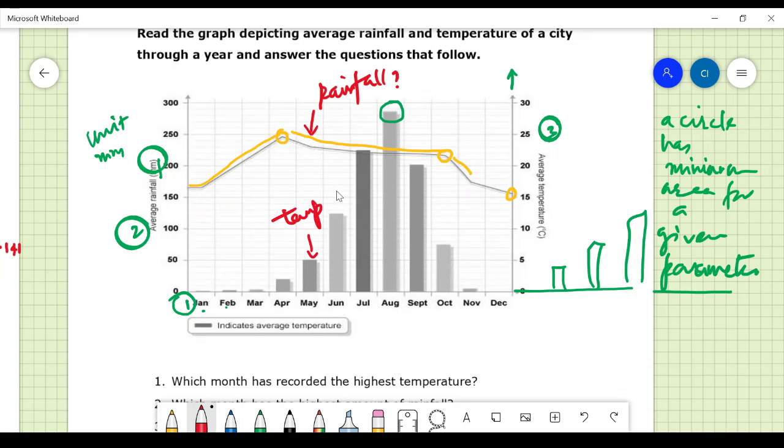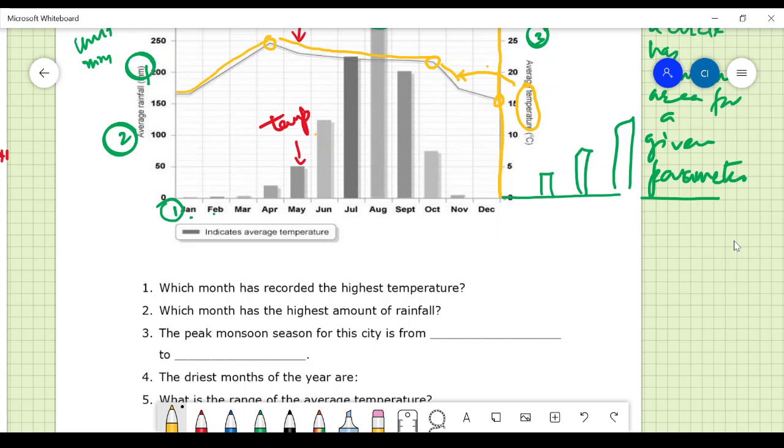You can have both these things, but if this is given in yellow color and this line is also drawn in yellow color, you choose the colors there. So colors will help. Then this curve belongs to the temperature. And if this is given yellow, that means this becomes temperature. So the graph should be in the colored format. So let us look at what the question is.